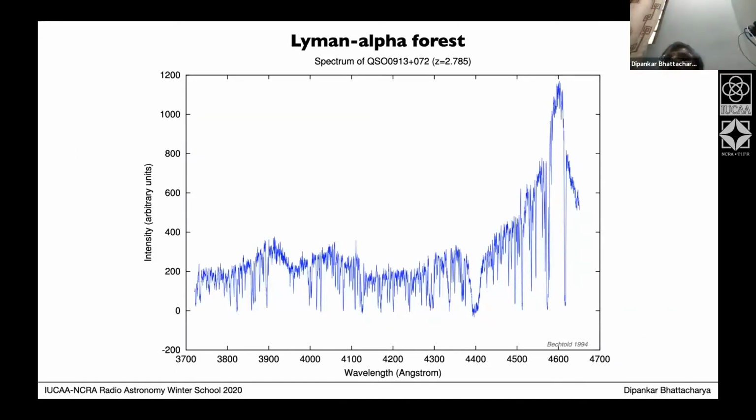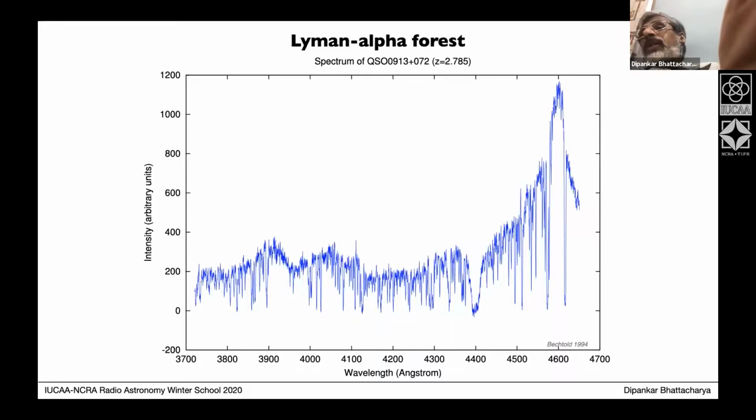And since hydrogen is abundant, when you go to ultraviolet, another very strong line that you would see from hydrogen is the Lyman alpha line. The Lyman alpha line occurs all over the universe.